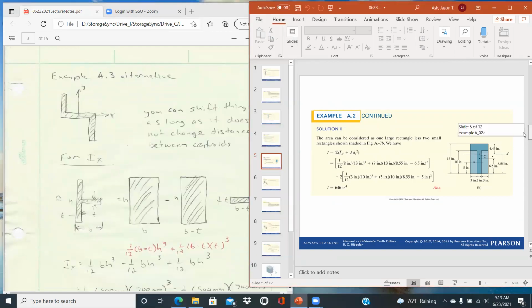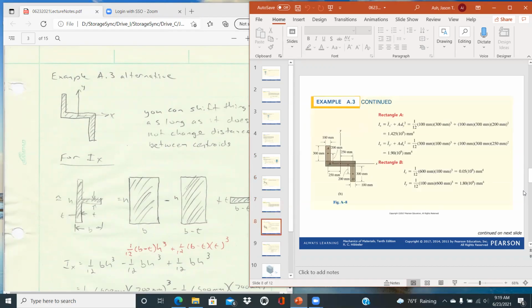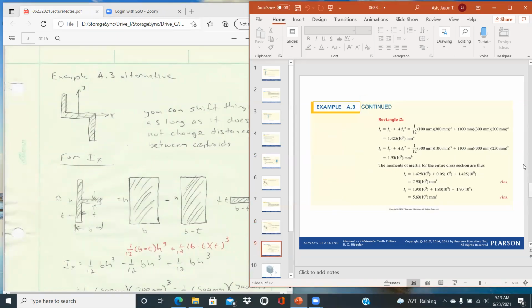And then you can do some sleight of hand tricks too that are pretty nifty. Example A3 talks about a section. Again, this is an odd section that you probably would never come across often, but if you were to come across this, you could solve this using the parallel axis theorem as we did before, and that's the way your book solves it there in example A3.